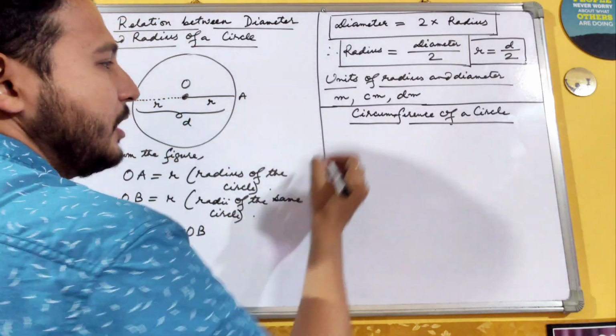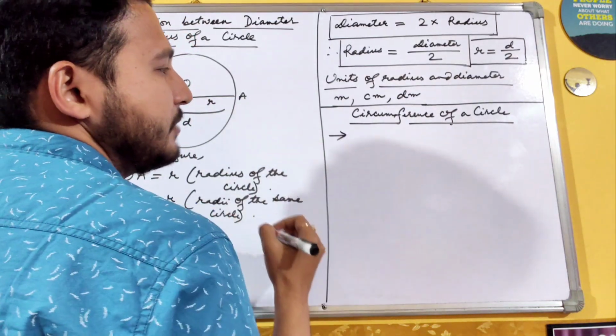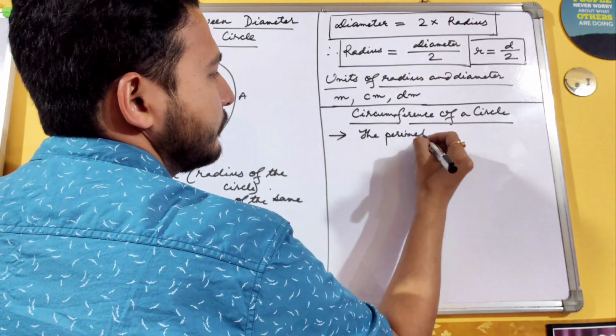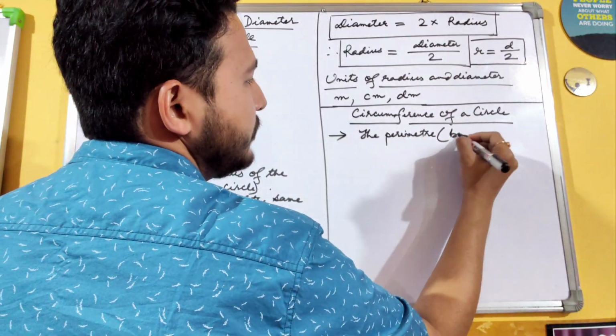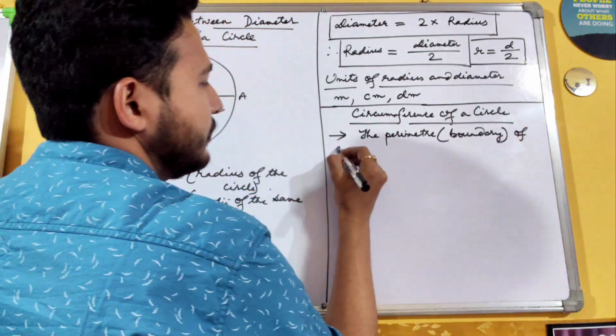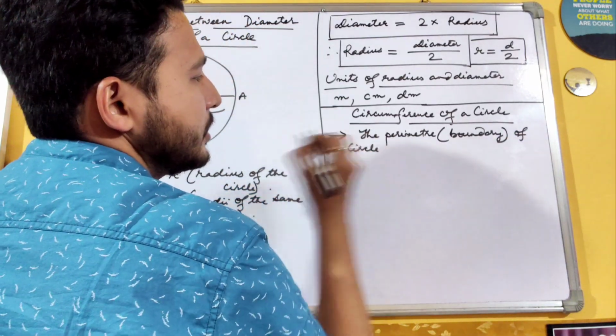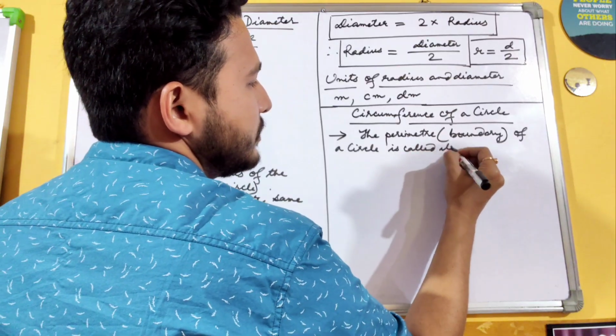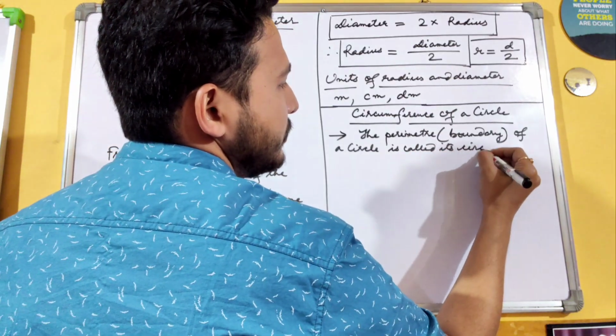So circumference means the perimeter, which is nothing but the boundary of a circle, is called its circumference.